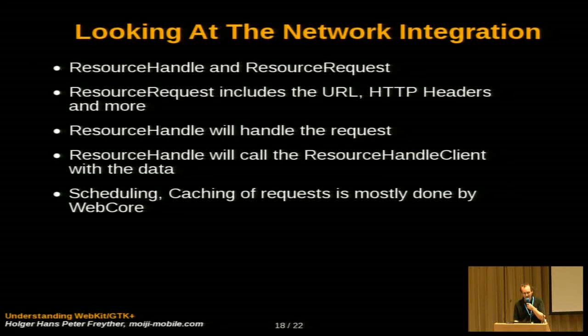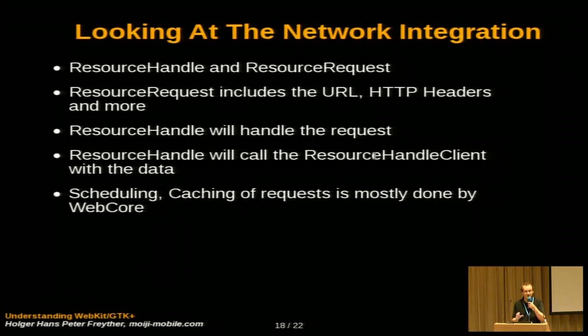And then we do have this platform specific class called resource handle, and the resource handle gets a resource request, and it can also get a resource handle client assigned, which is again the same client model. So whenever we have some information to dispatch, like we have started to load or we have received data, the resource handle client is called with the specific functions.